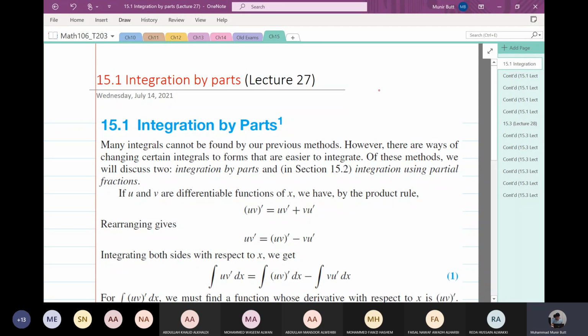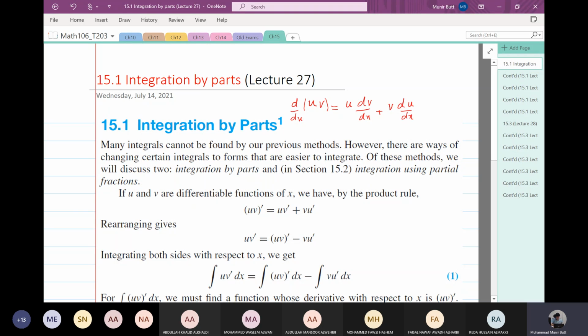So, for example, if you have a function like u and v, and you know that if I want to write its differentiation, what was the formula? First function as it is and derivative of the second, plus second function as it is and derivative of the first.